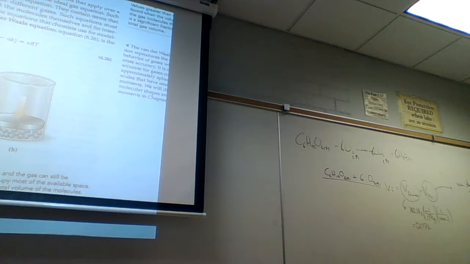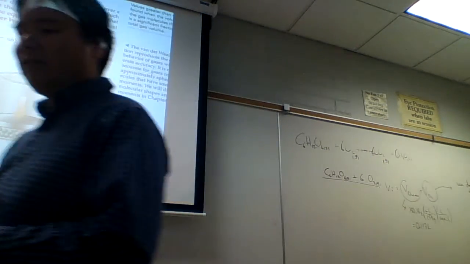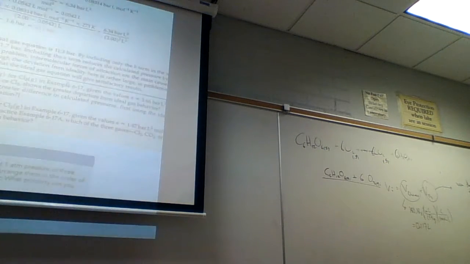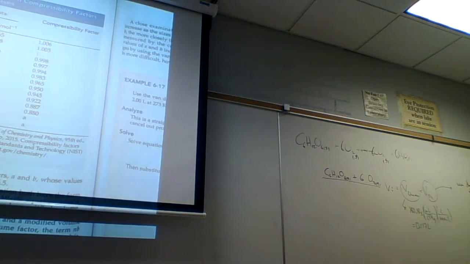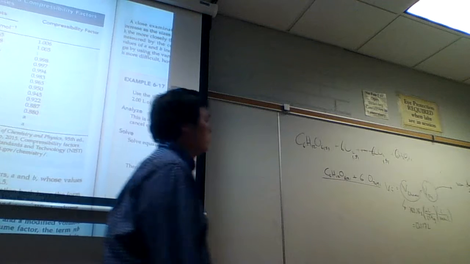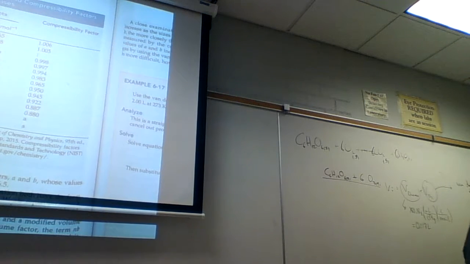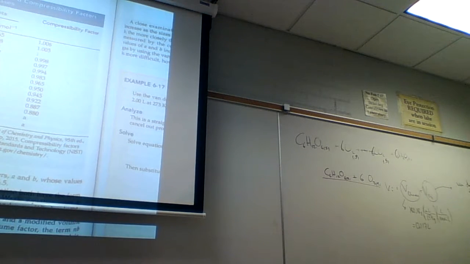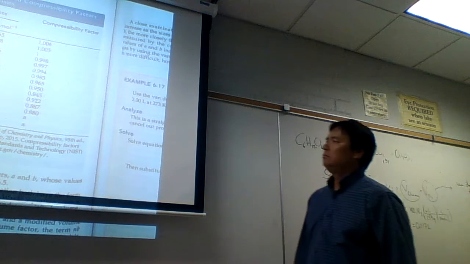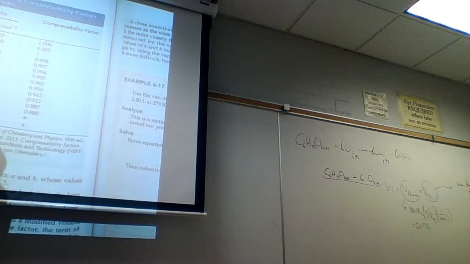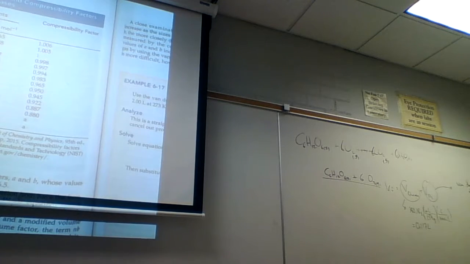What's a? a for O2, let's go back over here, is 1.382. b is our unknown, that's what we're solving for. b for O2 is over here. b for O2 is 0.0319.